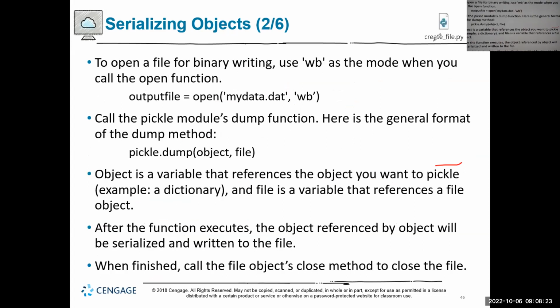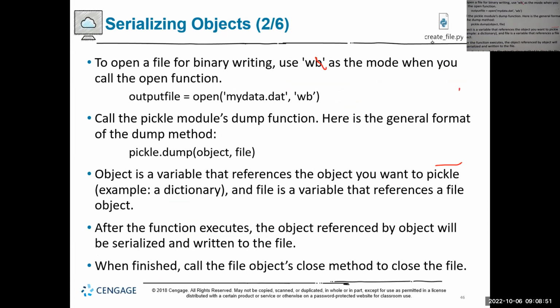To open the file for binary writing, you use wb. Remember, last time when you worked with writing, you used w for writing. But when you work with pickle, to open the file for binary writing, you use wb. B here is binary, right?